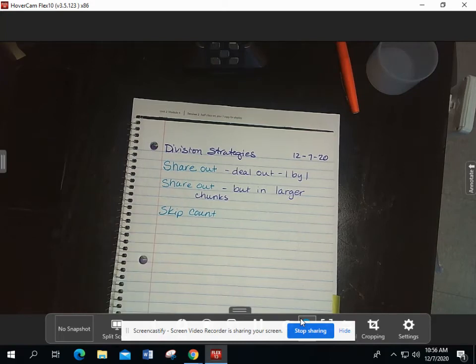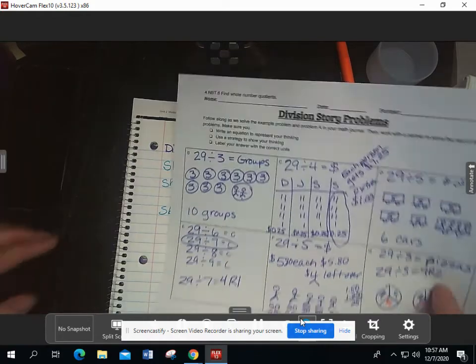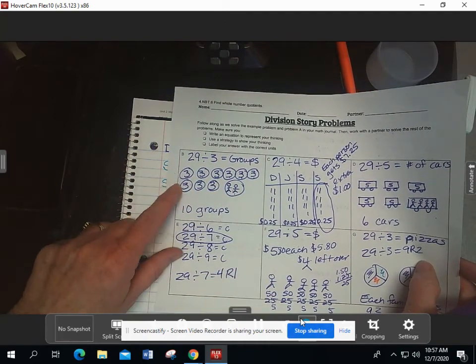Got to pay attention. And the next one we're working on is skip counting. Skip counting can also be used like this one.